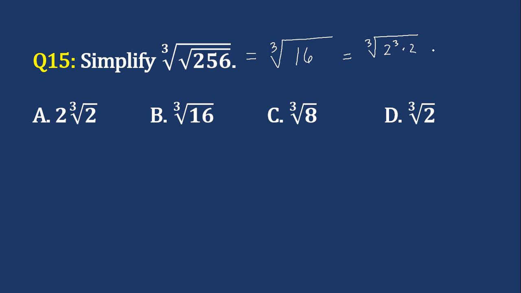And now we apply again properties of radicals. So we can separate these two factors into cube root of 2 raised to 3 times the cube root of 2. So we cancel the index and the exponent. So the final answer now is 2 cube root of 2. So the answer is letter A.